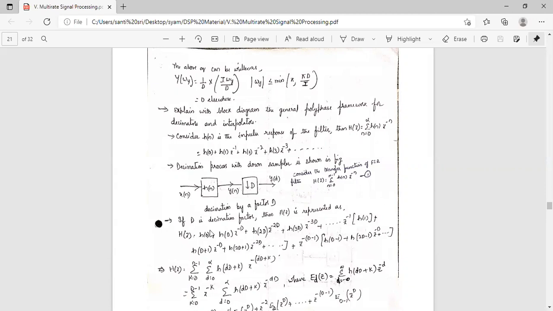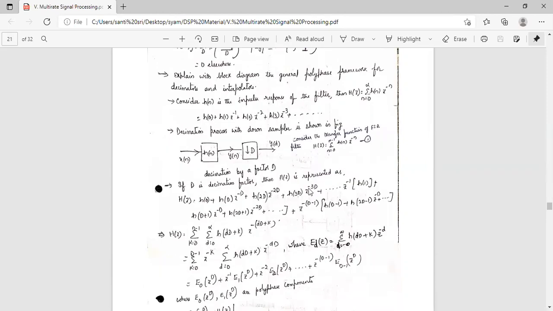So that H of z will become sigma k equal to 0 to D minus 1, sigma d equal to 0 to infinity h of dD plus k into z power minus of dD plus k. Okay, this entire expression is written like this, by interchanging the summation terms.